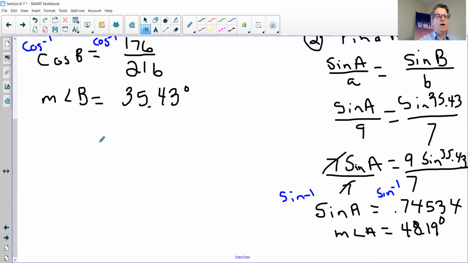So angle B by the law of cosines, angle A by the law of sines, and now lastly, for angle C, we're going to add these two together and subtract from 180.